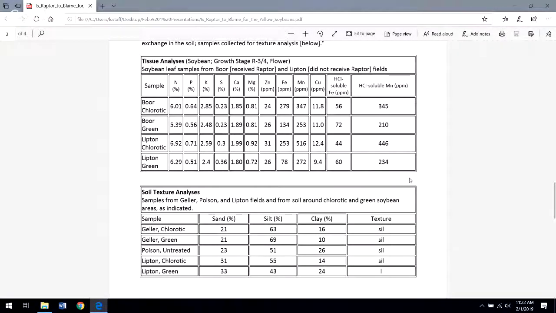Take a look at that tissue test. If you look at the tissue test and the yellowing symptoms, it's too faint. Take a look at the iron and the manganese.